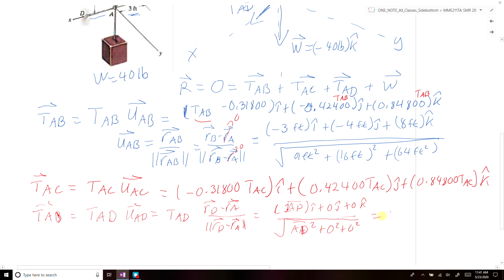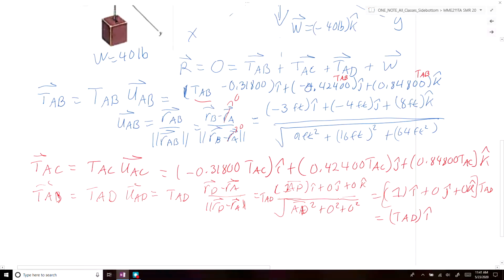This ends up just being equal to 1i plus 0j plus 0k, times TAD. So what we end up getting is TAD only has an x component.